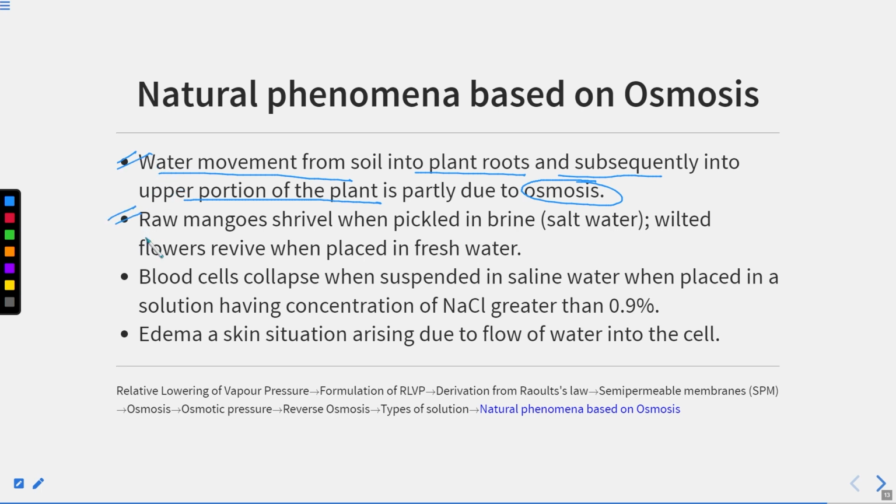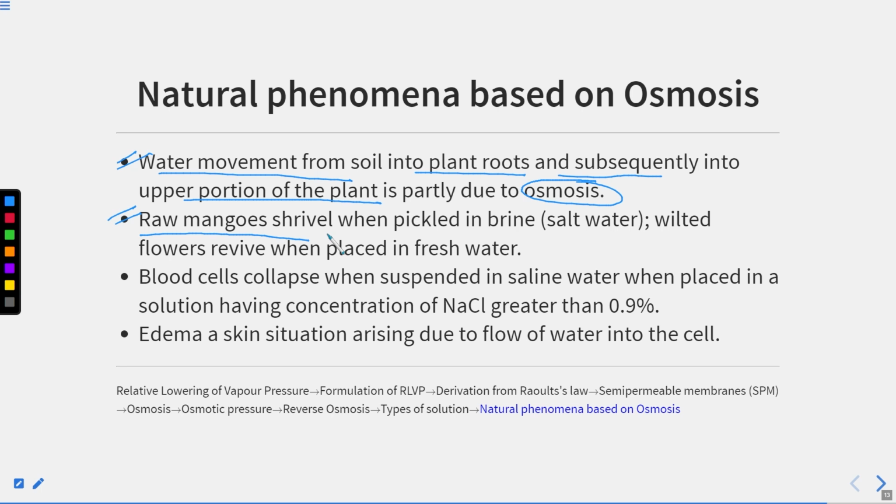The second is the raw mango. You must have seen pickles. If you have seen mango pickles specifically, you have seen that the mango skin looks shrunken or shriveled. Why is it so? What do we do while making pickle? We take the mango and put it in a brine solution.